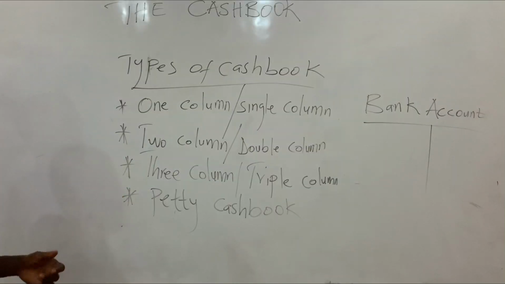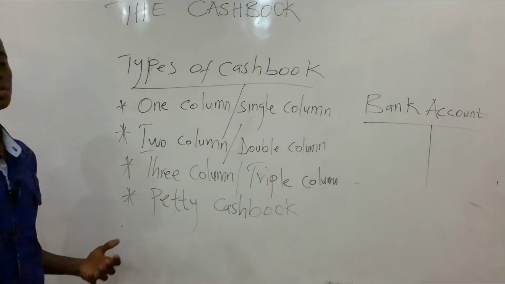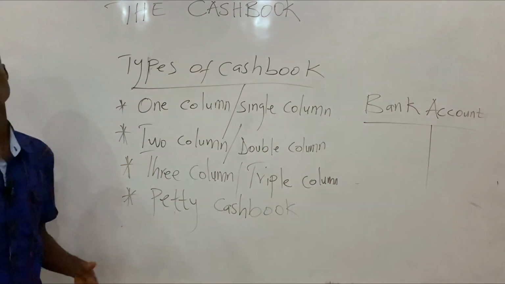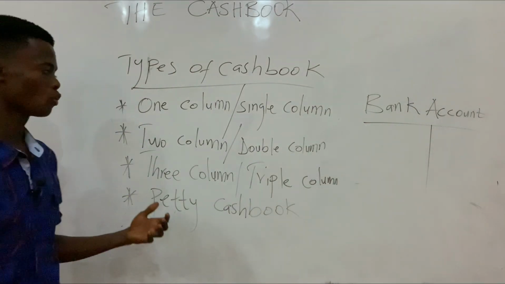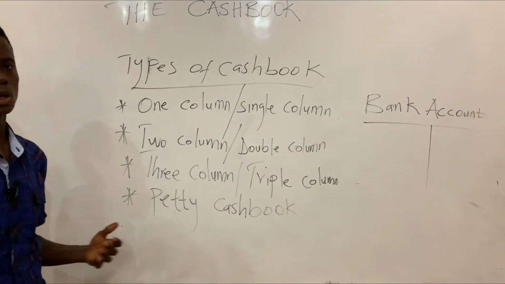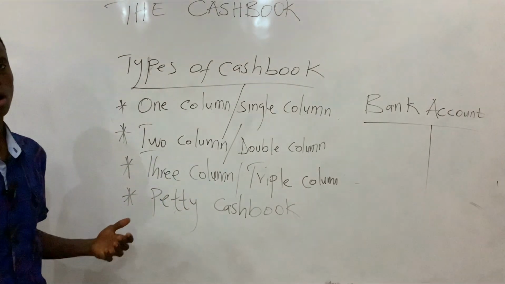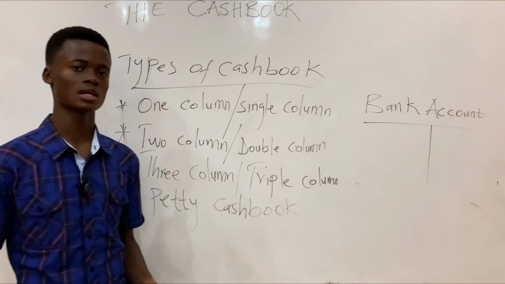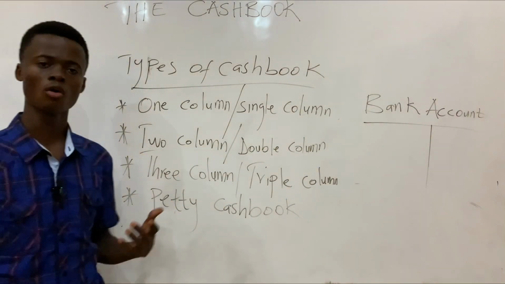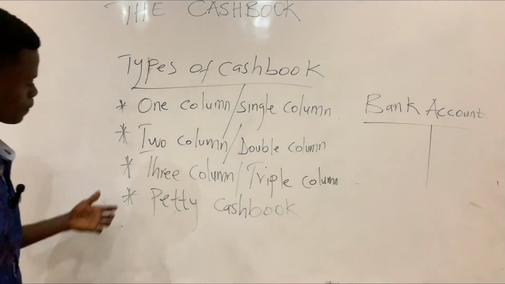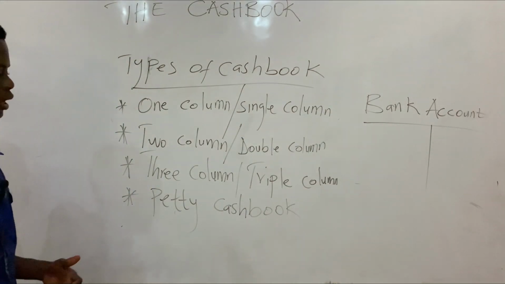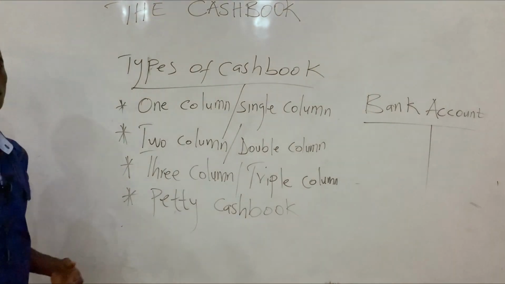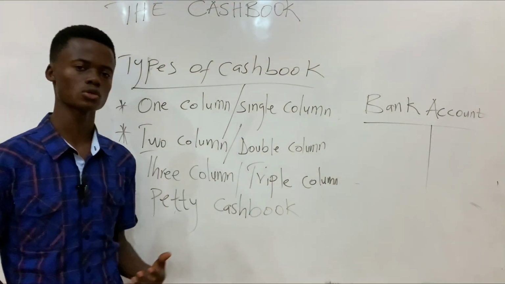So the two column or the double column cash book has the same features as a one or single column cash book with the exception of the amount column. The two or double column cash book, as the name goes, has two separate columns for amounts. One column recording all cash transactions and the other one recording all check or bank transactions. The 3-column or triple column cash book also has the same features as the 2-column cash book with the exception of the amount column.